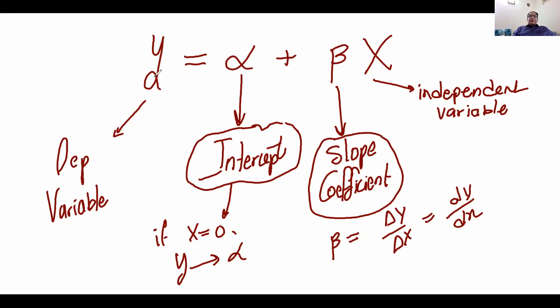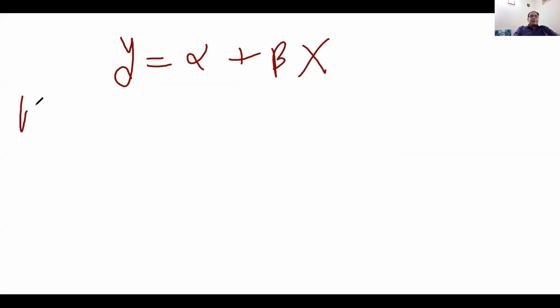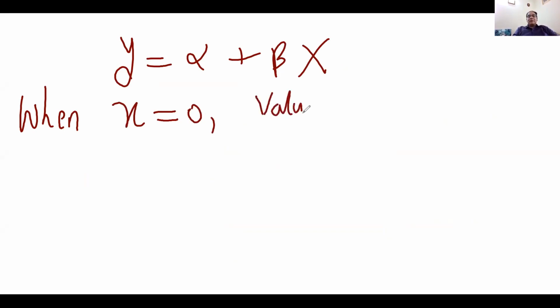This relationship is known as a cause and effect relationship. Let me explain in more detail. For example, we have y equal to alpha plus beta into x, and when x is equal to 0, the value of y is alpha.